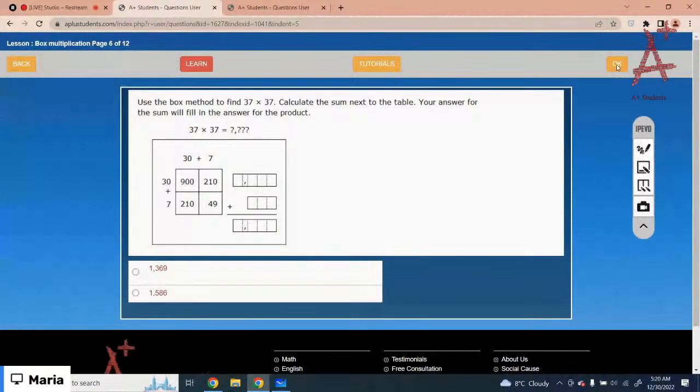It would be 1369. Got it? Sorry, the first option is 1369. Got it?